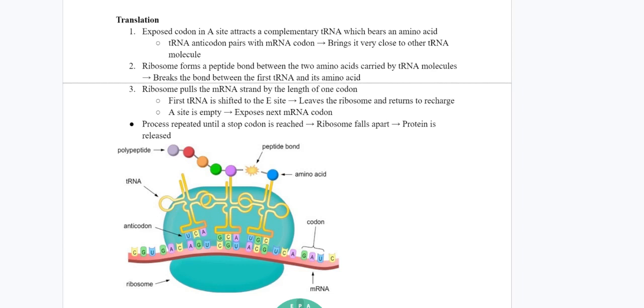So that tRNA is transporting the amino acid, and it brings it very close to the next tRNA molecule, which is in the site next to it. So next, the ribosome forms a peptide bond between the two amino acids carried by the tRNA molecules.